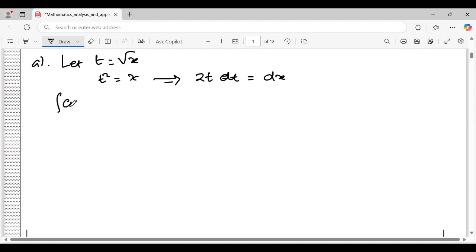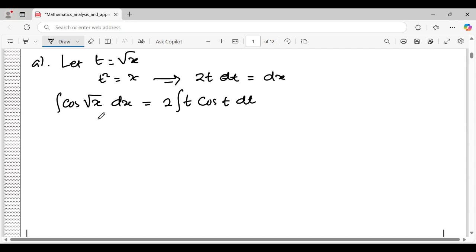The integral of cosine square root x dx becomes 2 integral t cosine t dt, because dx equals 2t dt.